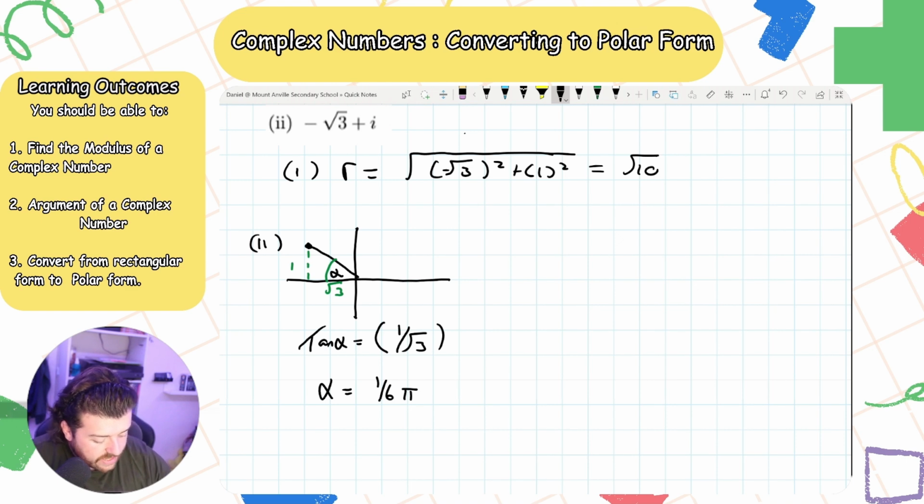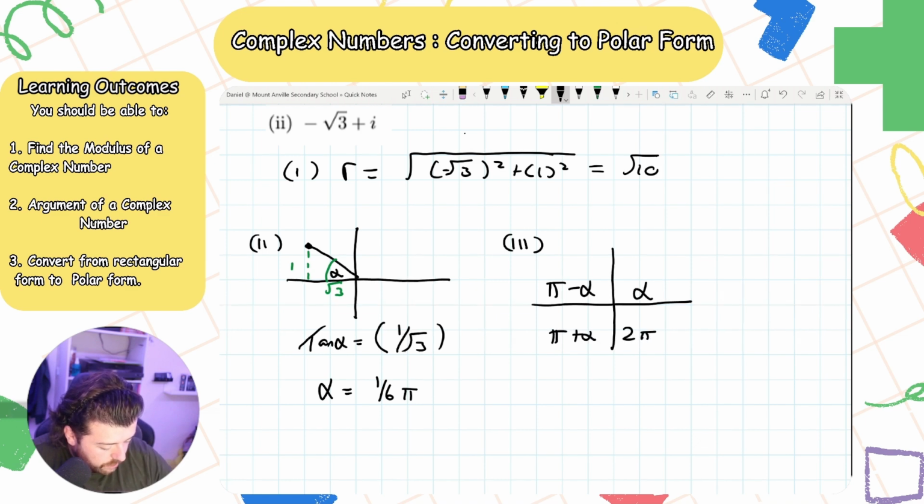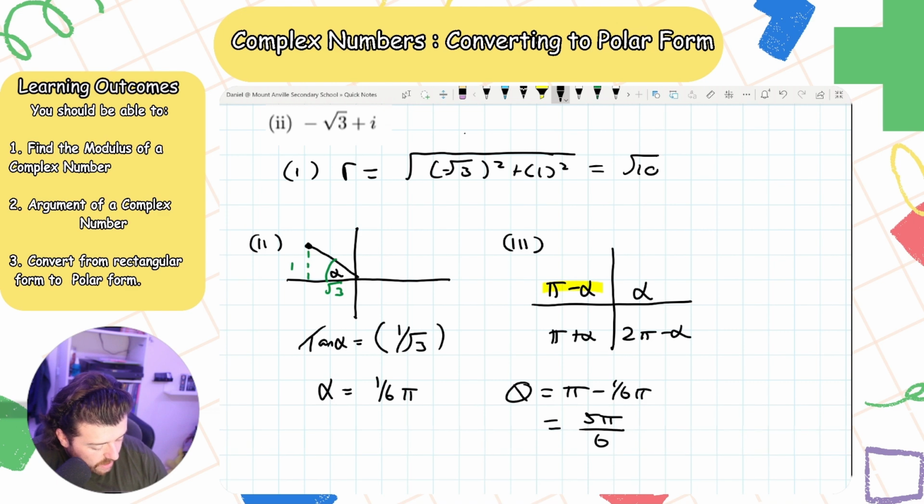But now let's calculate my argument. So first quadrant is just my reference angle. Pi minus my reference angle, pi plus my reference angle, 2 pi minus my reference angle. I'm in quadrant 2. So theta, or my argument, is equal to pi minus 1/6 pi, which is 5 pi over 6.